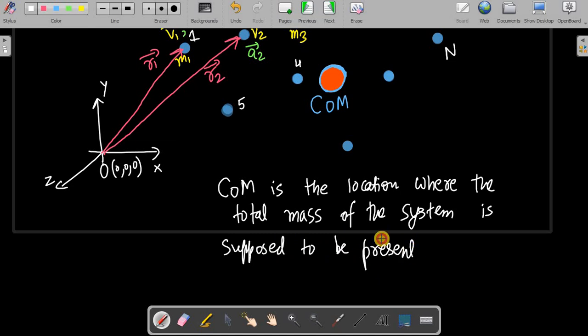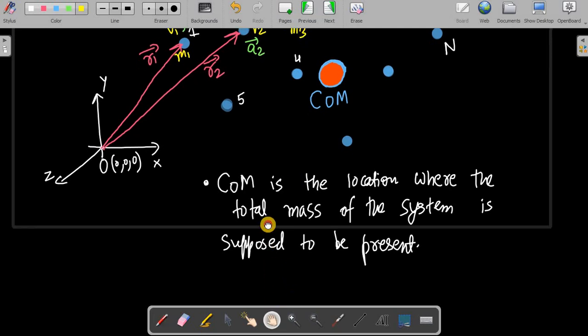Why do we want to reduce the entire system to a single particle? So that we can just study the characteristics of the center of mass, because we can study only one mass.